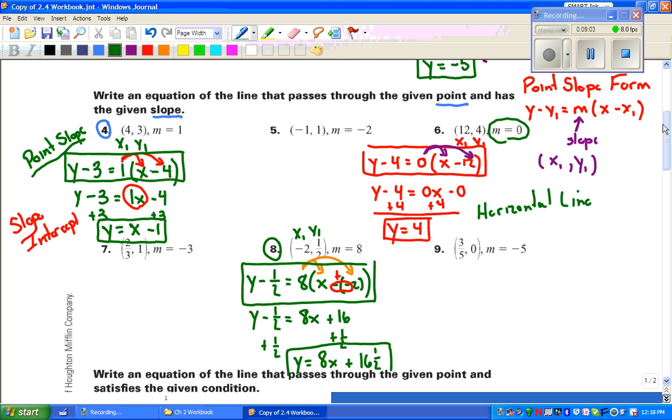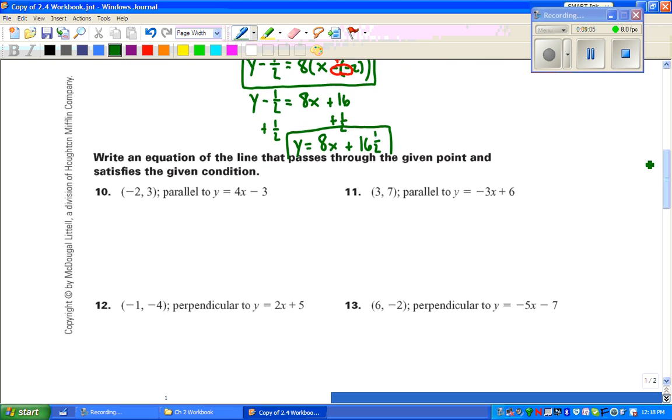Okay. All right, last couple examples here. I'm going to do number 10, and I'm going to do number 11. All right, what it wants us to do for these ones is write the equation of a line that passes through the point and satisfies the given conditions. So we're trying to write the equation of a line that is parallel to this one. In this one right here, what is my slope equal to?